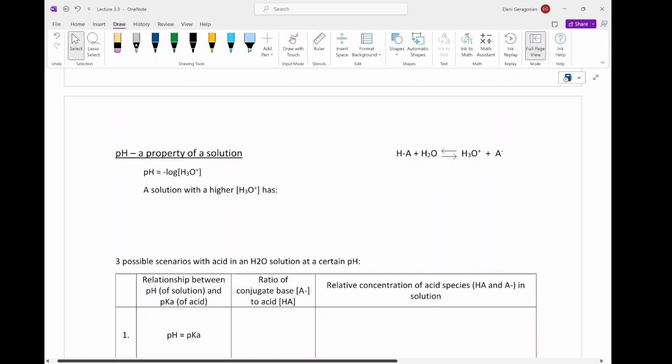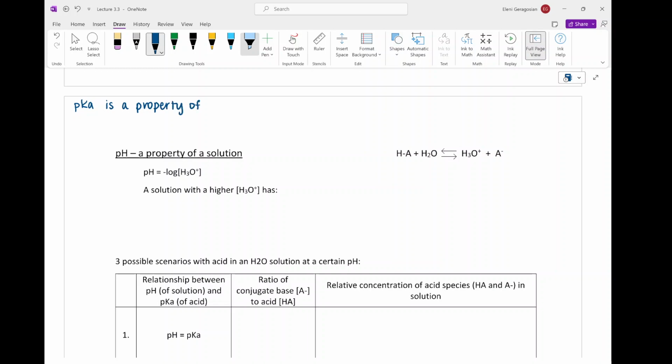We've talked about pKa as being a property of an acid. So let's just write that down as a reminder. pKa is a property of an acid, and remember we determined pKa by adding a certain amount of acid to a certain amount of water and then determining how much conjugate acid and base are present.